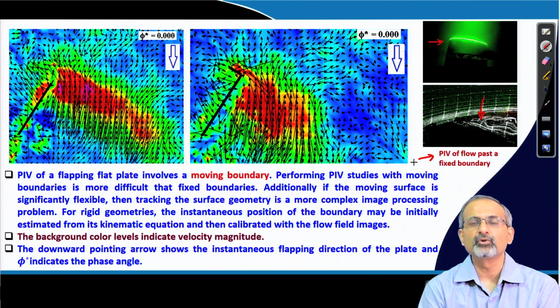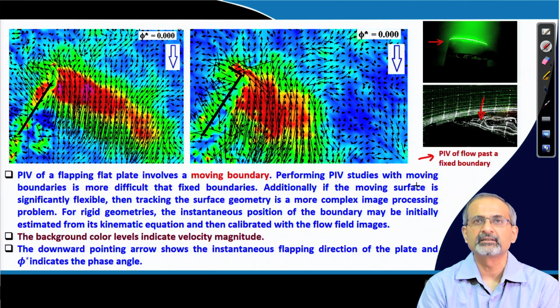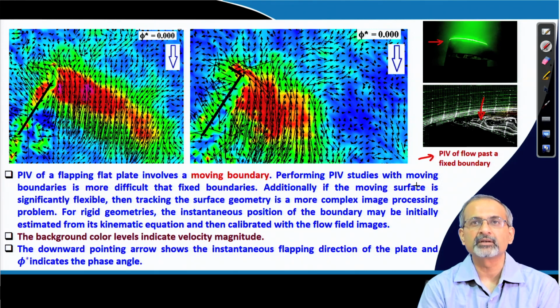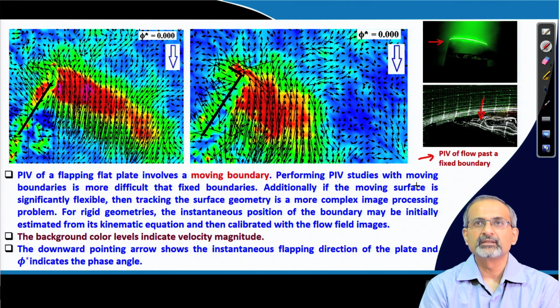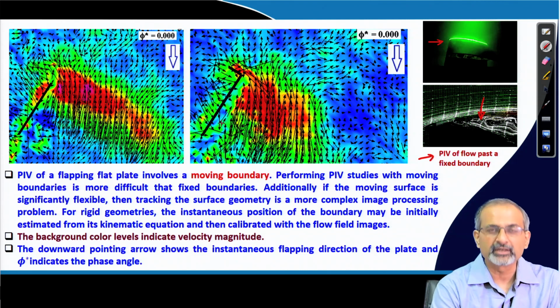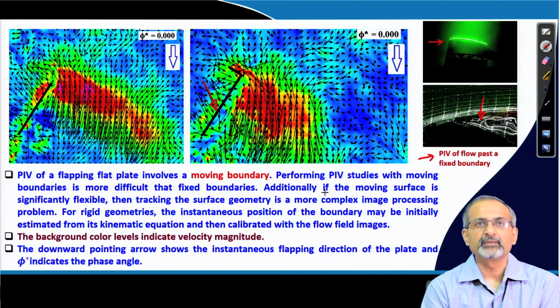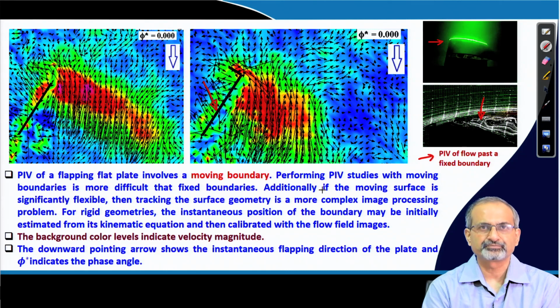It is an unsteady flow because the separated region has a very strong time dependence, but that is not because the boundary is moving, it is because of the unsteadiness of the flow separated region. Here on the contrary, the unsteadiness is occurring primarily because the body boundary is moving within the flow field. The flow as such is a quiescent flow or a stagnant flow, but within that you have a moving boundary which is leading to the unsteadiness.